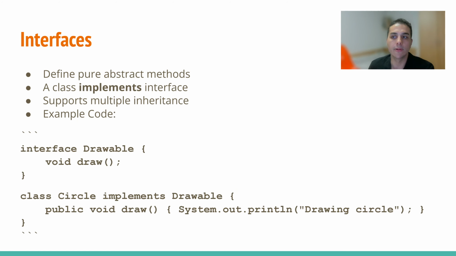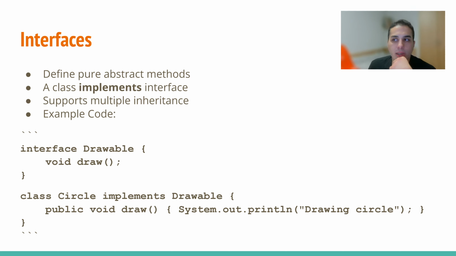And next up we have interfaces. In Java, an interface is a pure abstract type that defines a set of abstract methods. In the newer Java versions, we are allowing default and static methods with implementations, but in the context of basics, think of this as a contract of methods with no body.